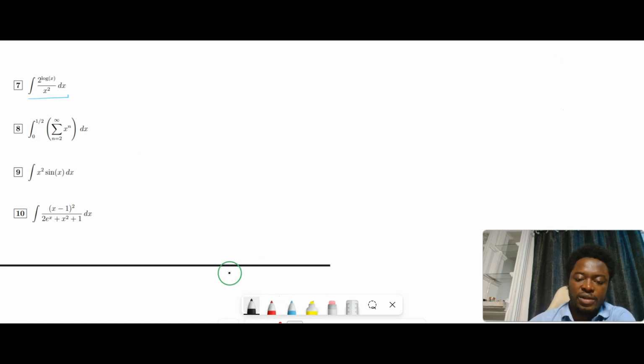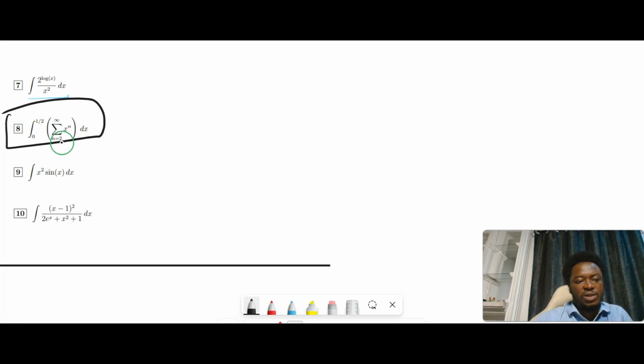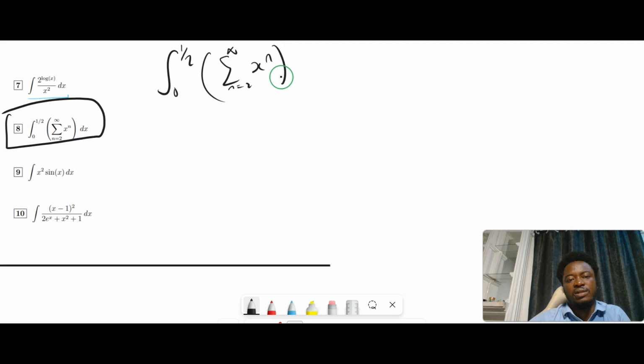For this other case here now, number 8. So how do we deal with number 8? We are going to just write it as the integral from 0 to 1 over 2, and then you have the sum as n runs from 2 to infinity of x to the n dx.